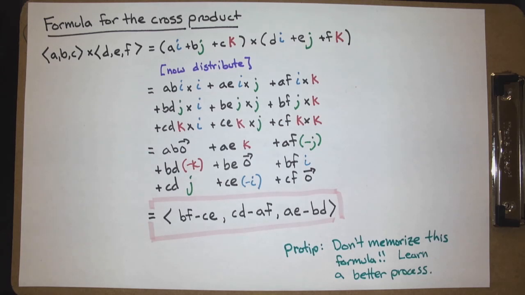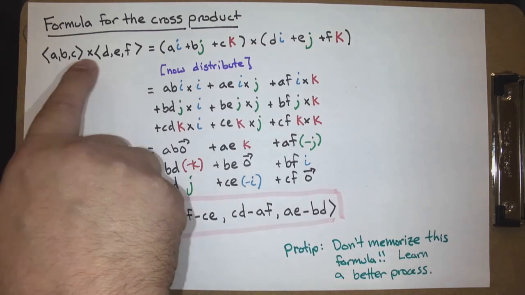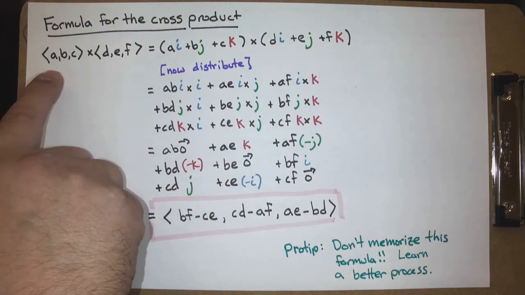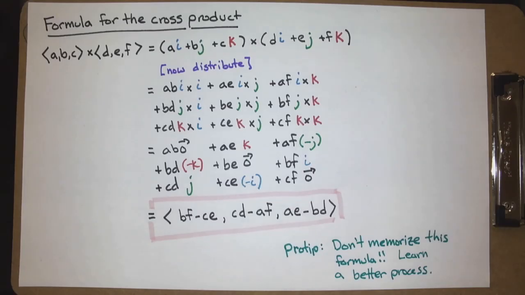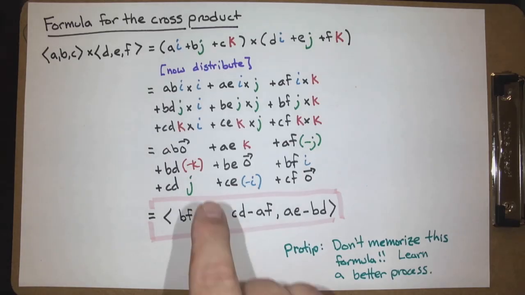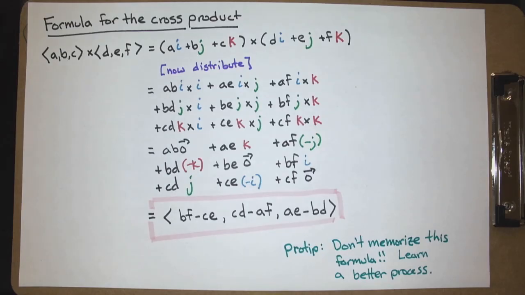So what happens? Well, if I start with two vectors, (A, B, C) and (D, E, F), I think about that in terms of i, j, and k. So I rewrite them: A i plus B j plus C k. And I take the cross product. Now I can distribute. In other words, I can do what FOIL does, except I don't do FOIL because there's more than two terms in this expression.